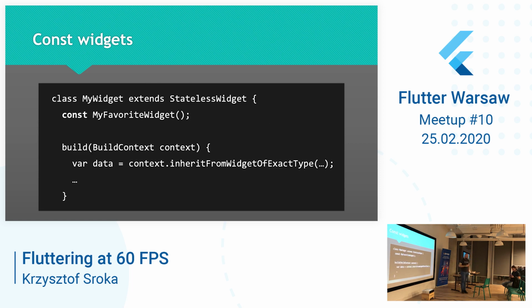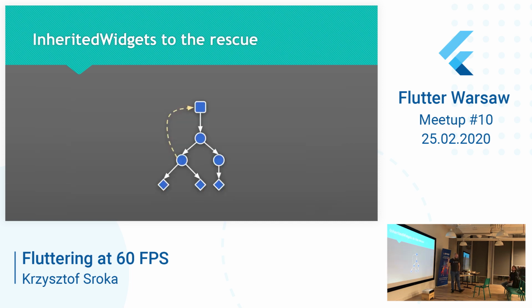But what we can do instead is use inherited widgets or provider, which uses basically the same, or any kind of widget or state management that uses context to pass data, and have an empty constructor, and instead get the data from an inherited widget somewhere up the tree. So when we do this, we ask up the tree, or we don't actually ask up the tree, I'll explain.